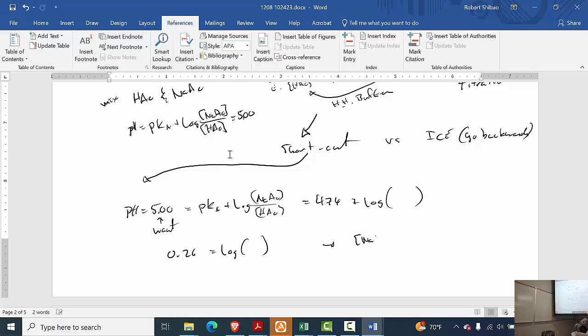And then solve for the ratio here. And so the sodium acetate to acetic acid ratio is 10 to the 0.26, which is equal to 1.819.